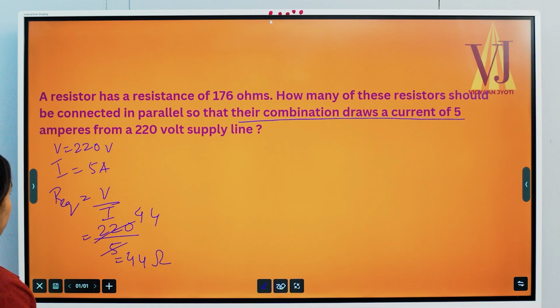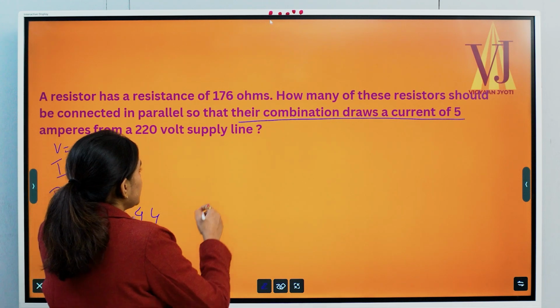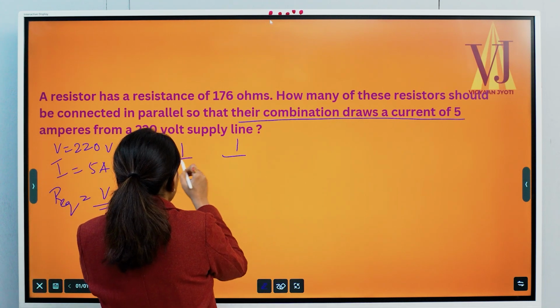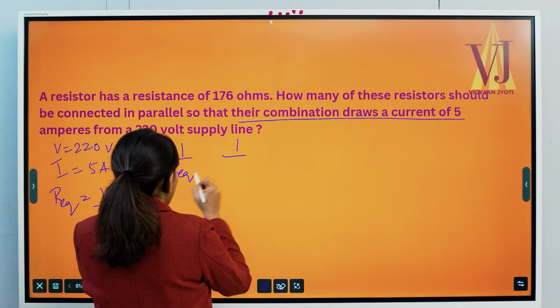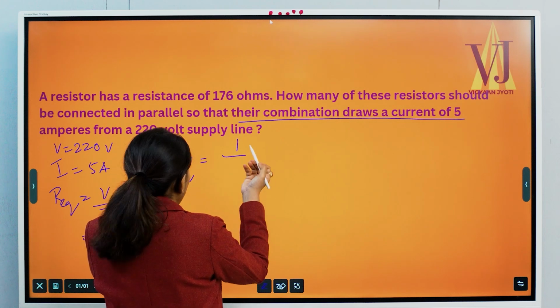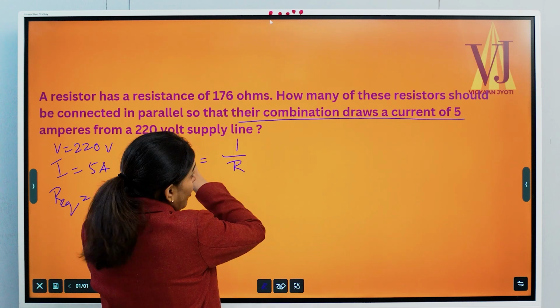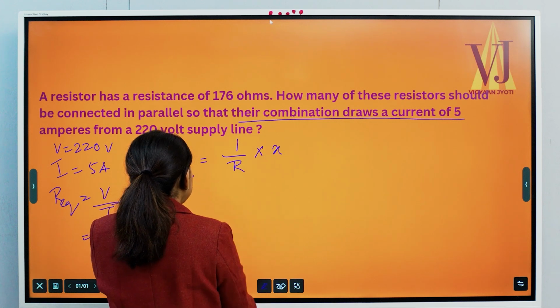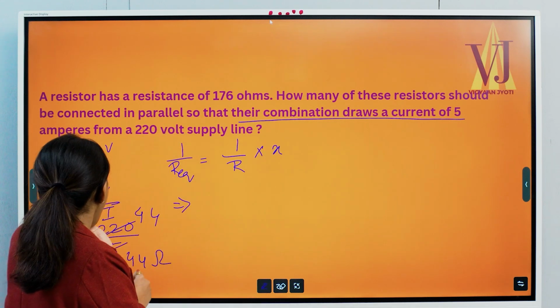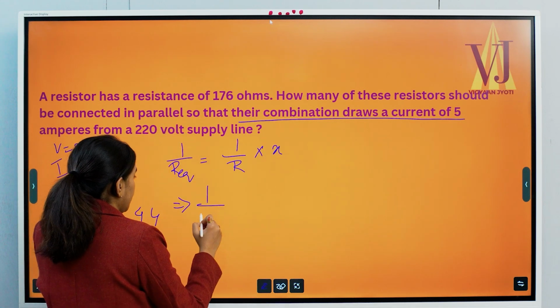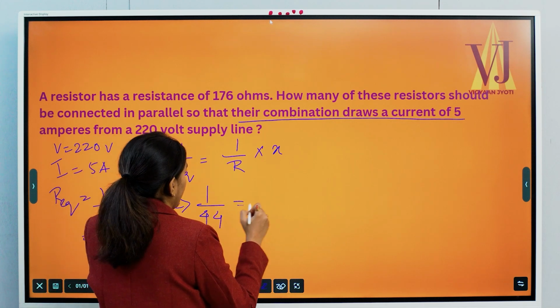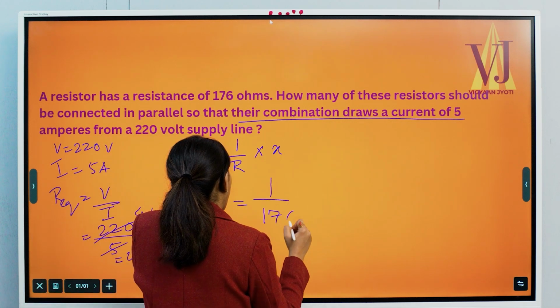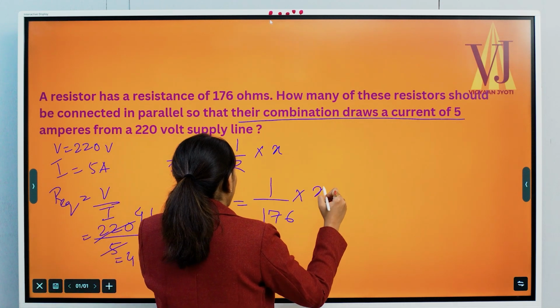That means definitely it will be connected in parallel, as given, but how many as such? So 1 by equivalent is equal to, we don't know how many, and after all of them are the same, so let me keep it as 1 by R into X. So equivalent resistance, how much do we need? 1 by 44, and what's my value here? 176, and we don't know what X is.